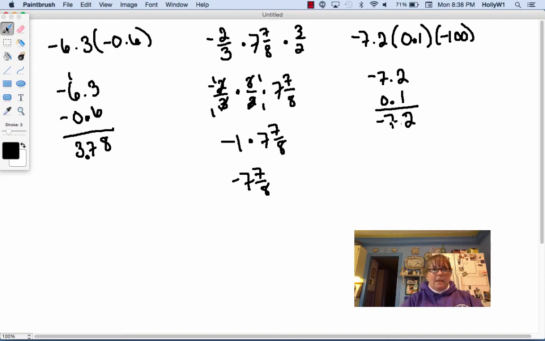There we go. So we count up the decimal places, and we have 2. So we end up with negative 0.72. We still have that negative 100 to multiply. Well, we know when we multiply anything by 100, you're really just moving the decimal place over 2. So since this was negative times a negative, it's going to end up being positive. So we end up with positive 72.